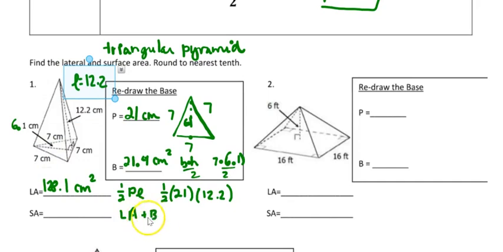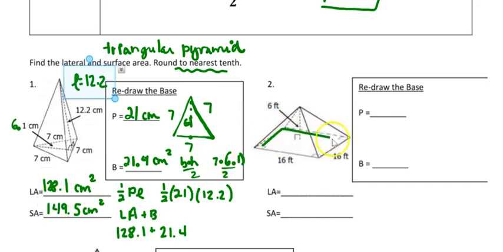LA plus B, so the lateral surface area, 128.1, plus the base area, which we said was 21.4, so that total is 149.5 centimeters squared. On these, it's saying to round to the nearest tenth, so that's 1 decimal place. All right, let's go on to this one.